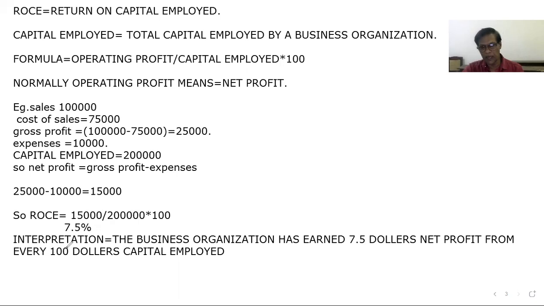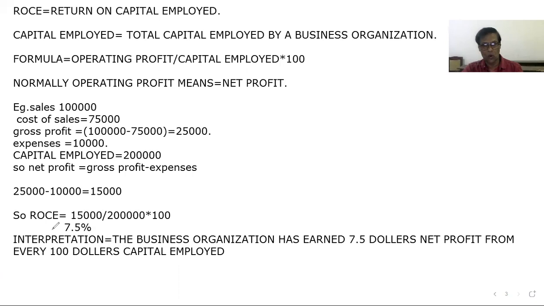Okay, the interpretation: the business organization has earned $7.5 net profit from every $100 capital employed. The business organization has got $7.5 from every $100 investment, right?